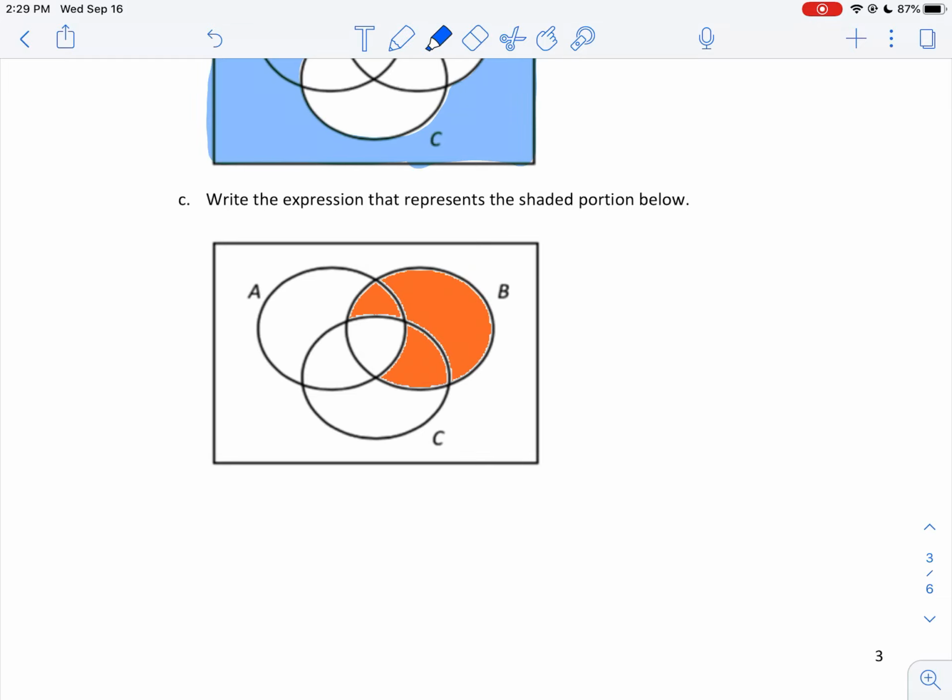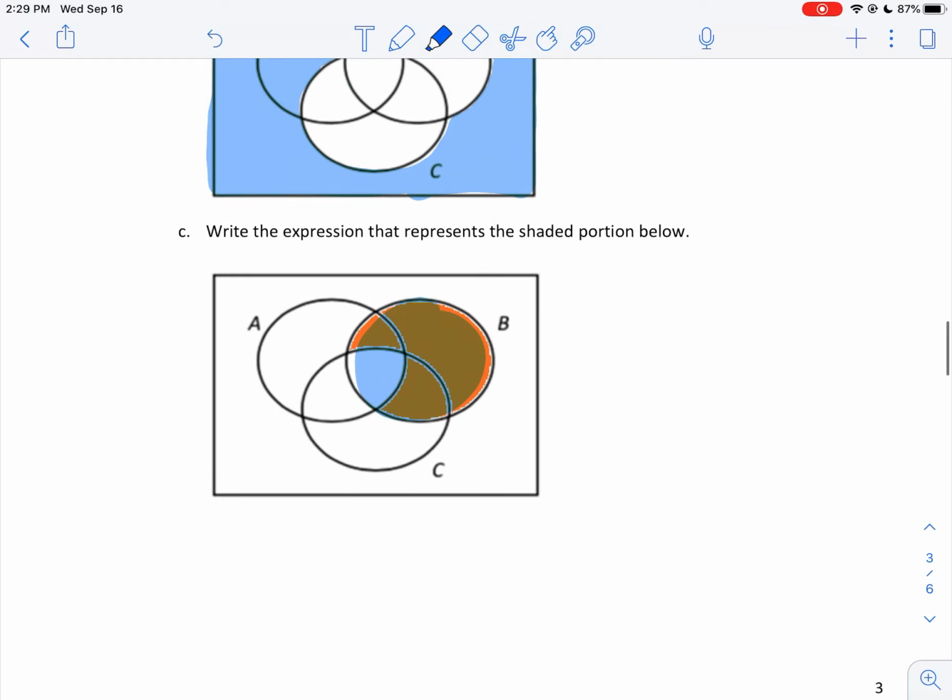For example, if I shaded everything in B, that would get the orange shaded once, but now I want a shading that will do the orange a second time. And so I want to pretty much shade everything except for that middle part. It looks like there's a way I could do this.